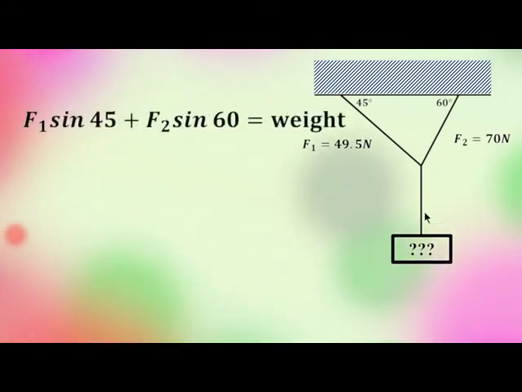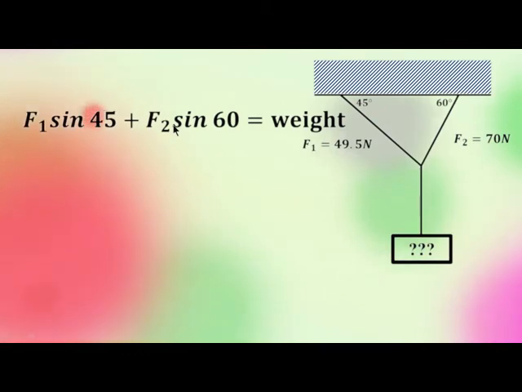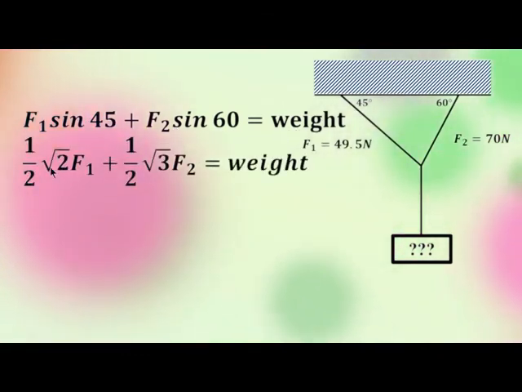Now we're going to find the weight that can hang based on these forces. Since we are going to find the weight, we need the equation on the y-axis. This is the equation on the y-axis: F1 sine 45 plus F2 sine 60 equals the weight. We have found the values of F1 and F2.